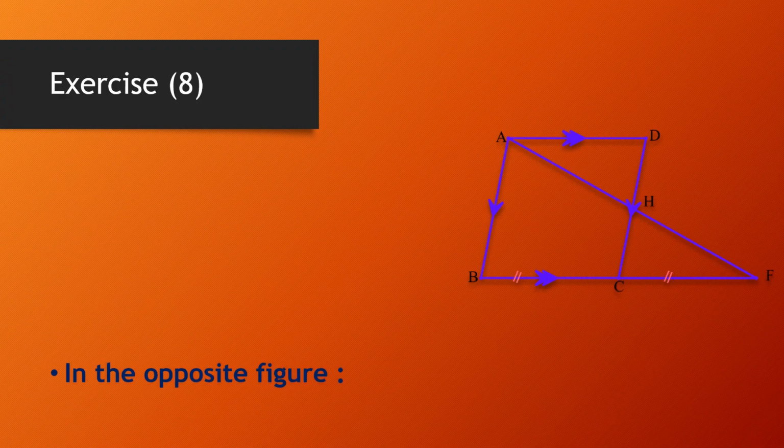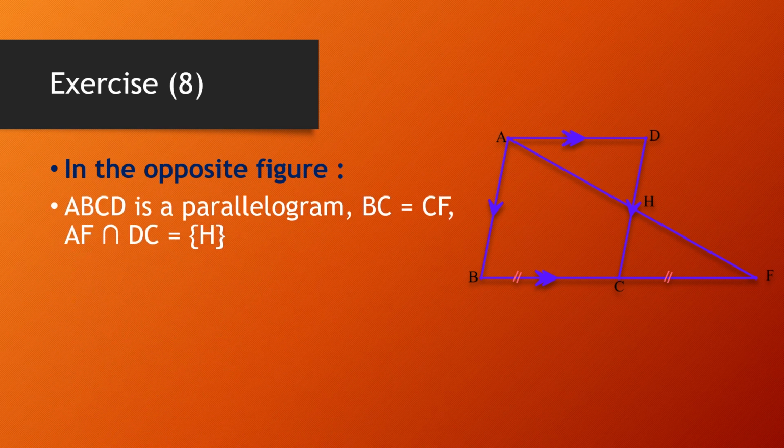Exercise 8. In the opposite figure, ABCD is a parallelogram and BC equal CF, so C is a midpoint of BF, and AF intersect CD at H. Prove that AH equal FH.